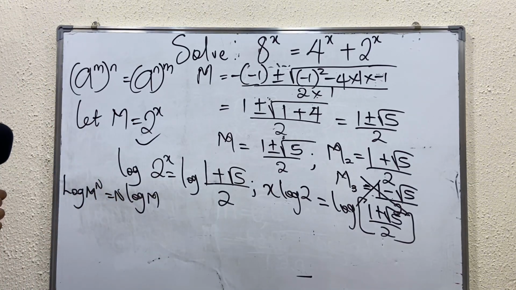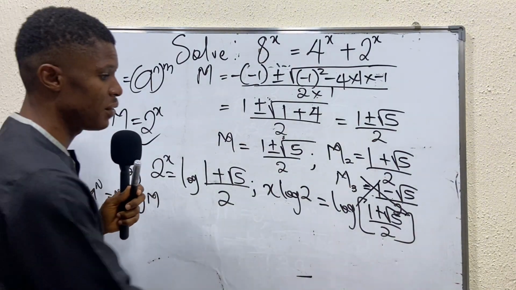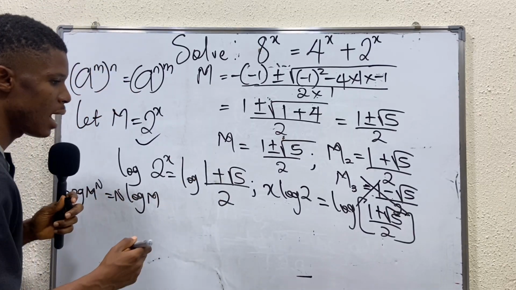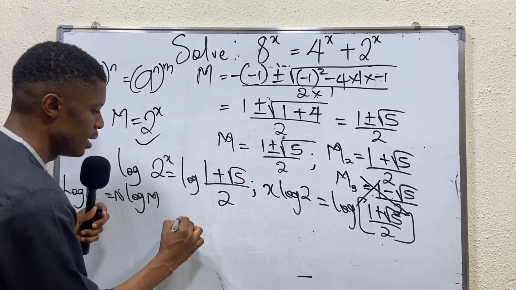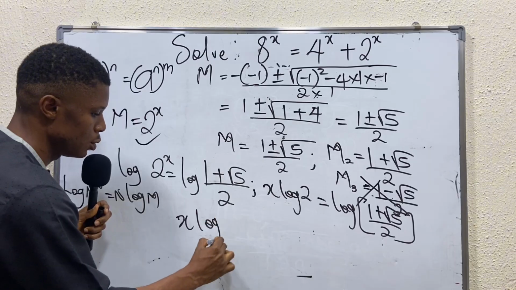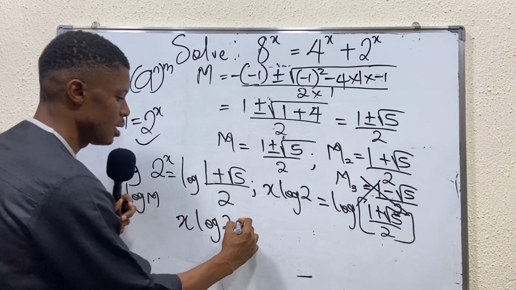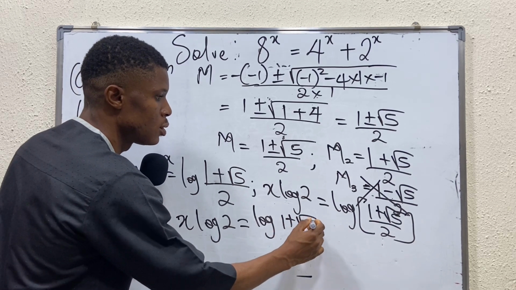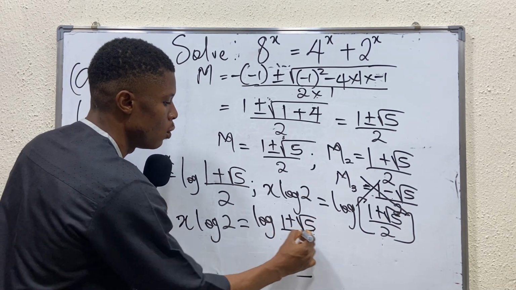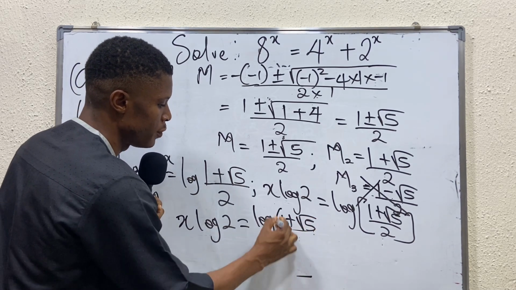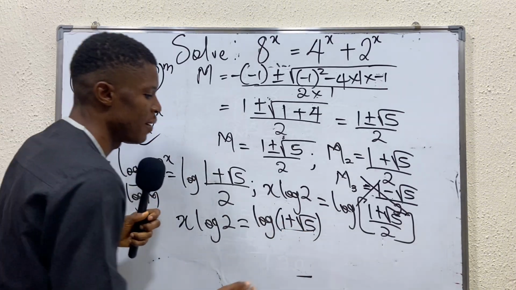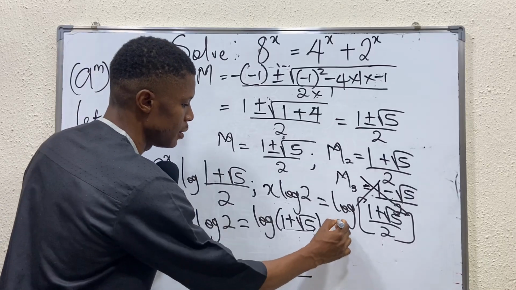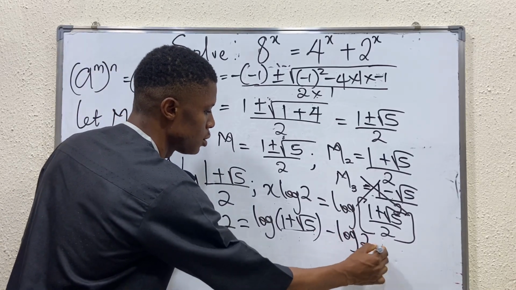From the division law of logarithm, whenever we are dividing, we can simply subtract, right? So what do we have? We have that x log 2 now is equal to log of 1 plus root 5 over 2, then we have log of 1 plus root 5 minus log 2.